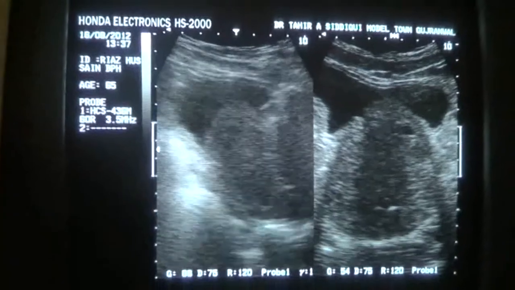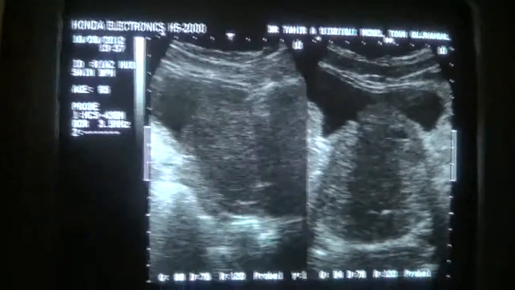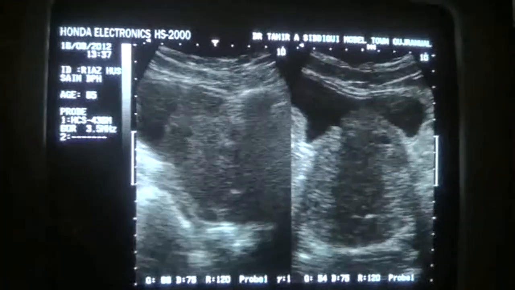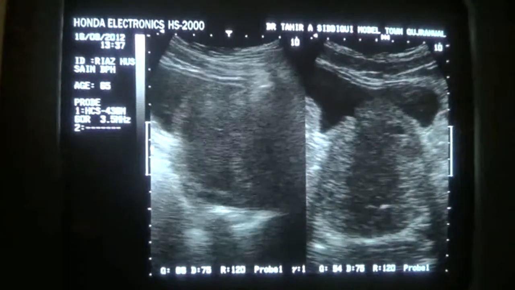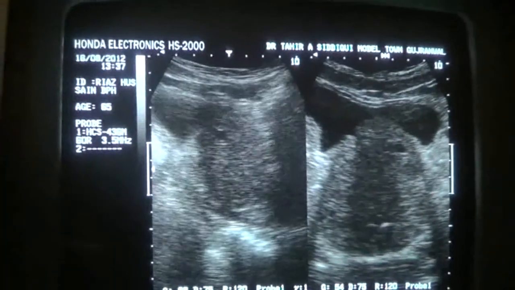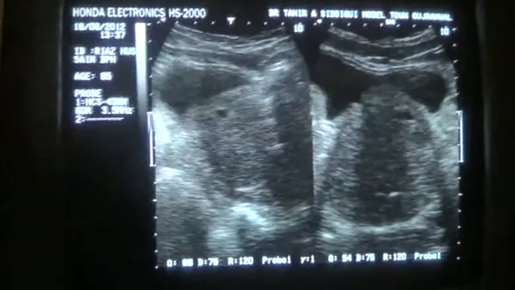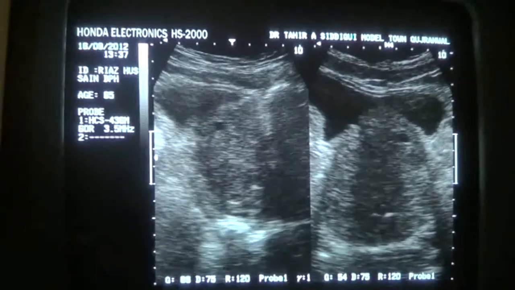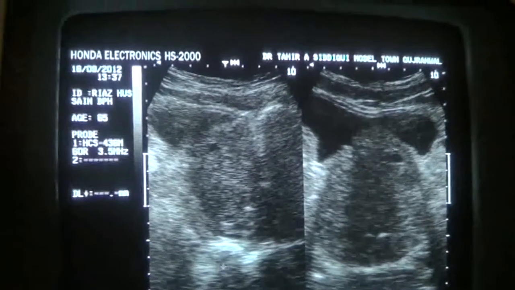And when I rotate the probe 90 degrees, this is the prostate in transverse section. Again, you do see some cystic areas within it, as well as calcified areas, tiny calcifications.